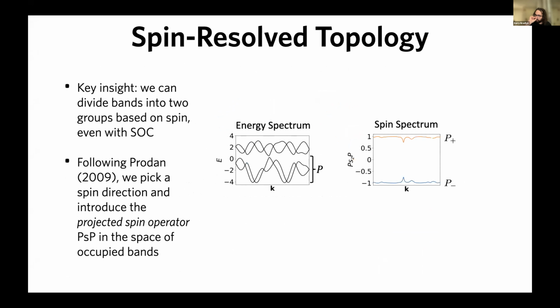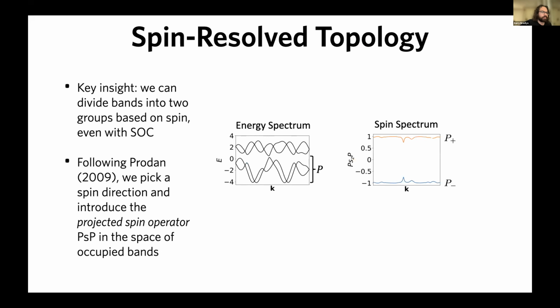So to make progress, we can use a key insight that goes back to some work by Prodan and others from about 14 years ago at this point. And we can try and divide our occupied bands in half.